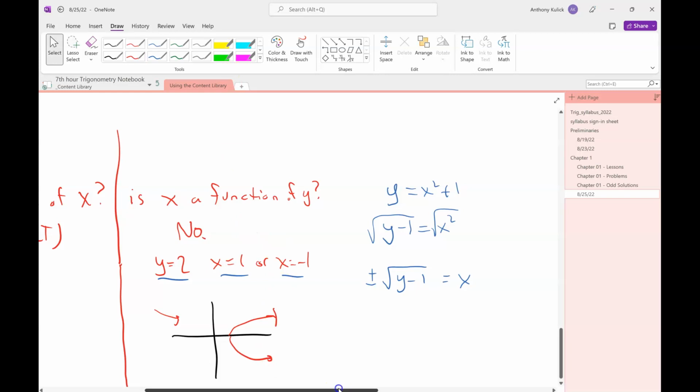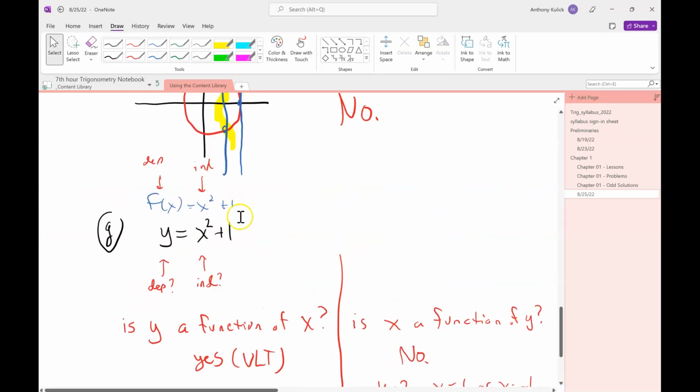So the big takeaway is unless you're told which one is the independent, which one is the dependent variable, you would need to use function notation or indicate which is the independent and dependent variable to do a problem like this. Everybody's okay with that?